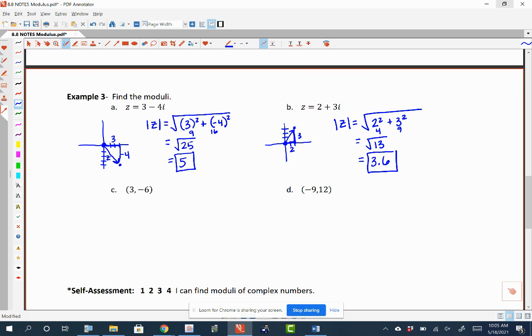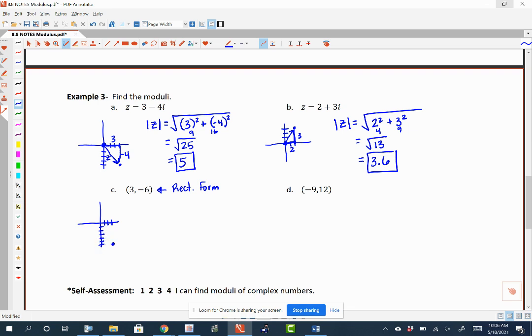Okay, problem C, I notice a change in notation here. My first 2 problems were given to me as complex numbers, but these last 2 problems are given to me in rectangular form. These are rectangular form, which is what we're used to seeing. It looks more like an ordered pair to us. So if I again was thinking about graphing, I know that I would go 3 on the positive axis there and down 6.